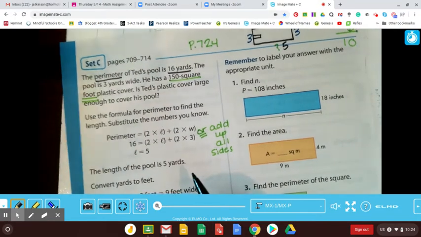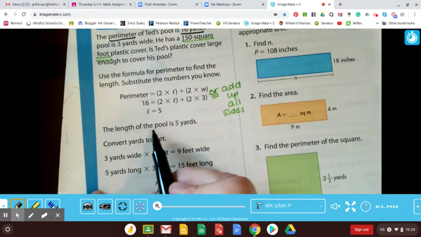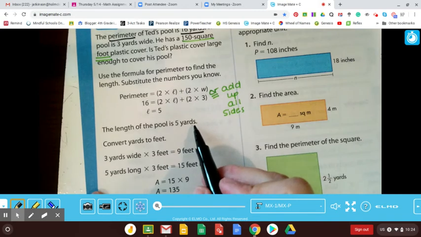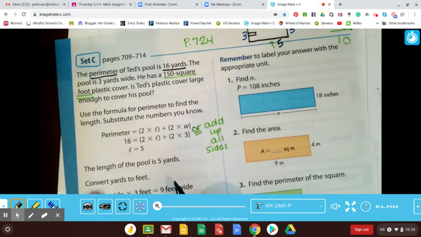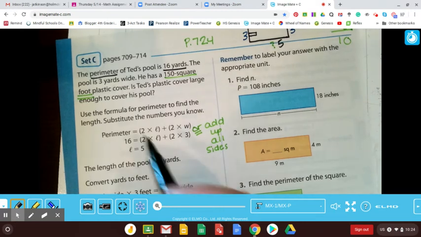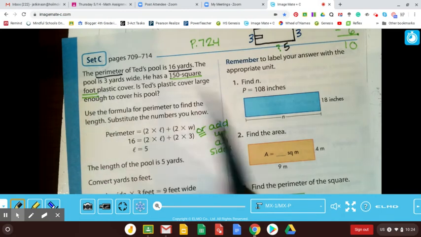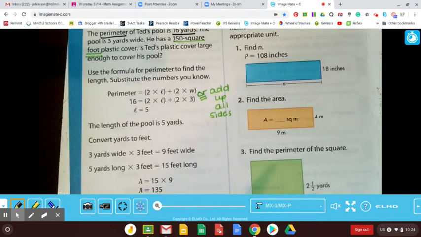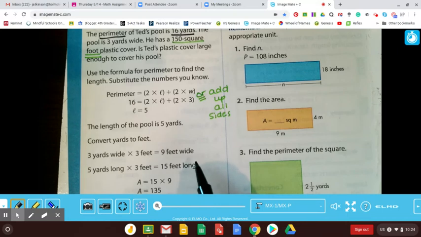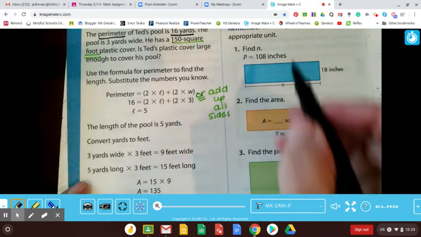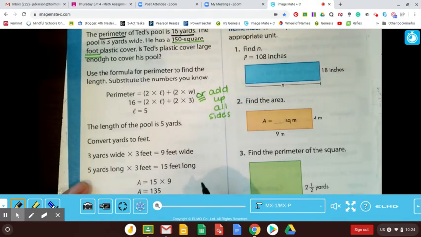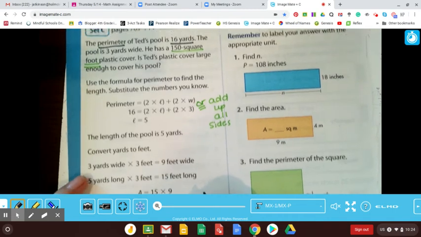Now, in doing that, we know that the length of the pool is 5 yards, but that's not going to help us when it comes to the plastic cover, which is in feet, 150 square feet, right? So what we want to do is let's find the area of what it would be like in yards, right?